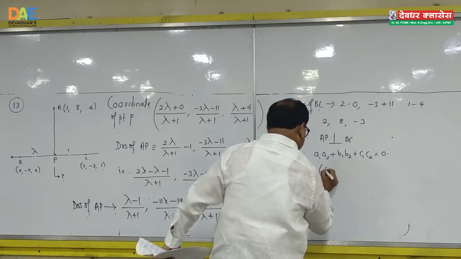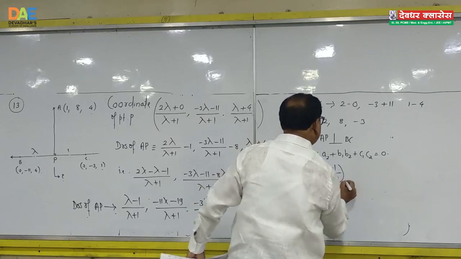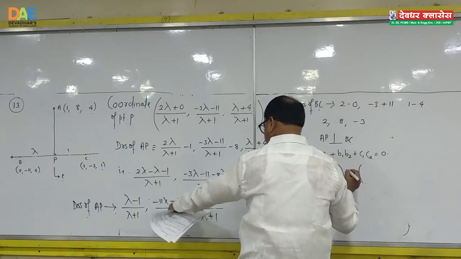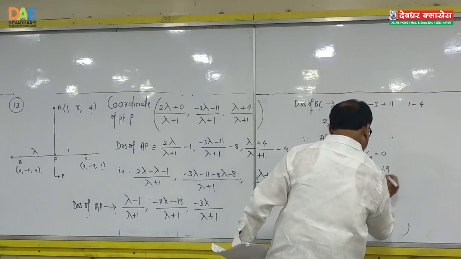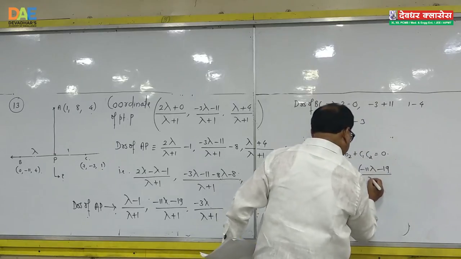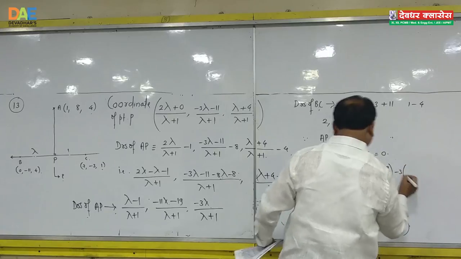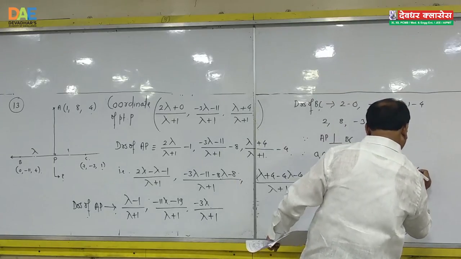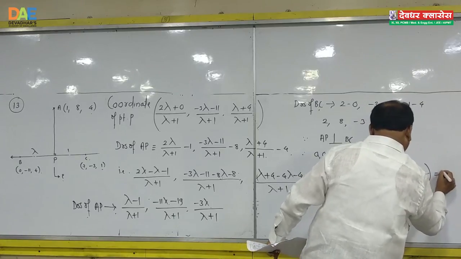That is 2 into (lambda minus 1) upon lambda plus 1, plus 8 into (-11 lambda minus 19) upon lambda plus 1, minus 3 into (-3 lambda) upon lambda plus 1, is equal to 0.